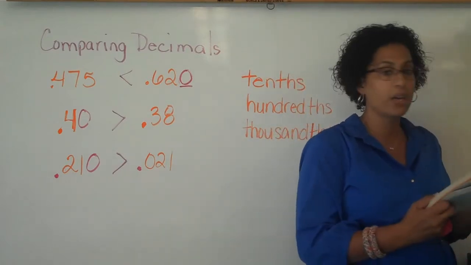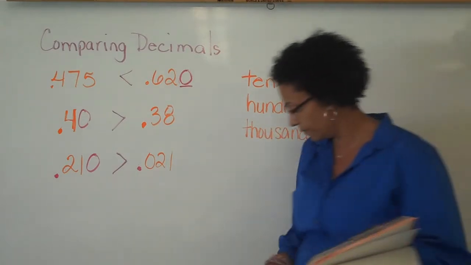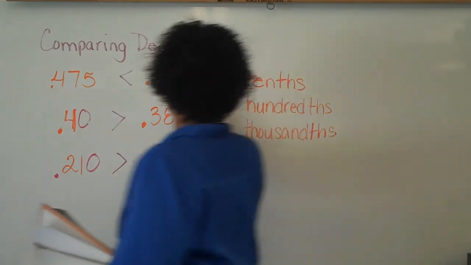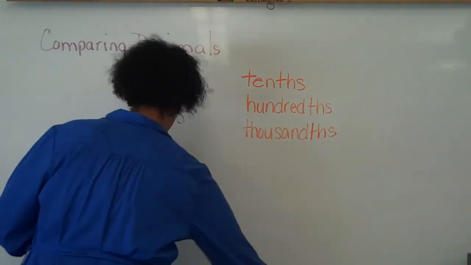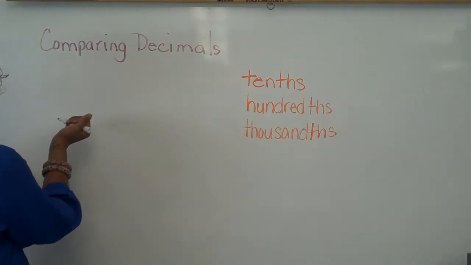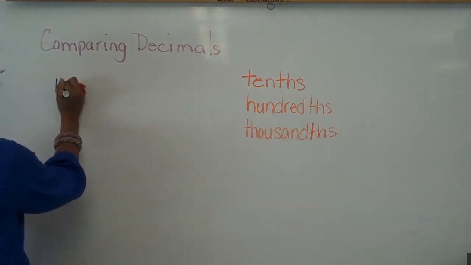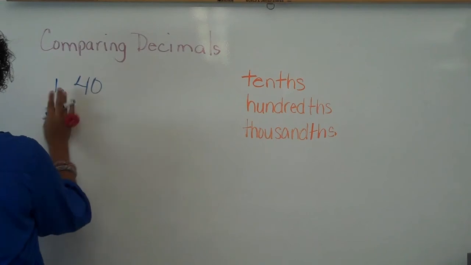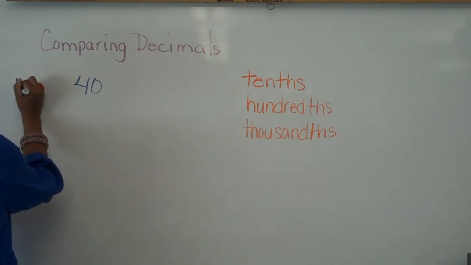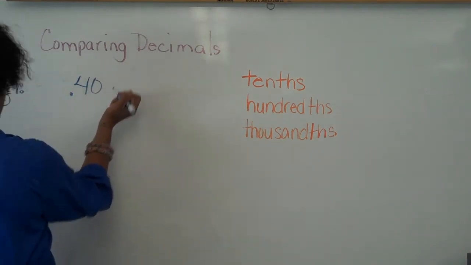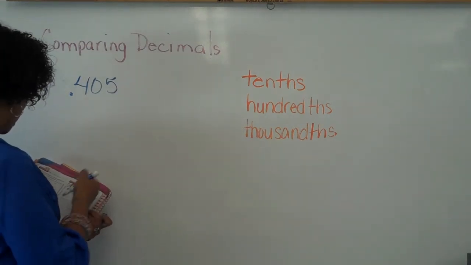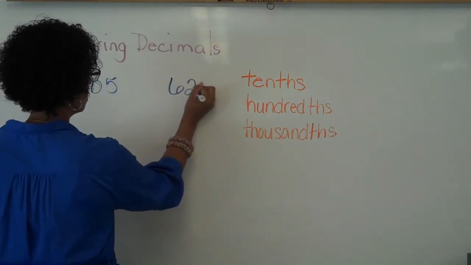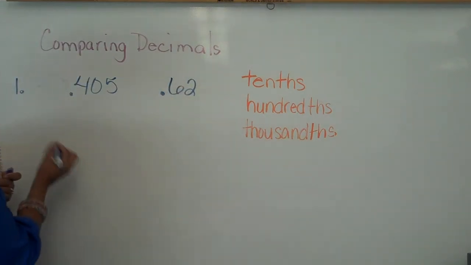All right, so your 3 questions that you're going to do on your own are going to be, number 1, put the number 1 all the way over here. Number 1 is 405 thousandths compared to 62 hundredths.